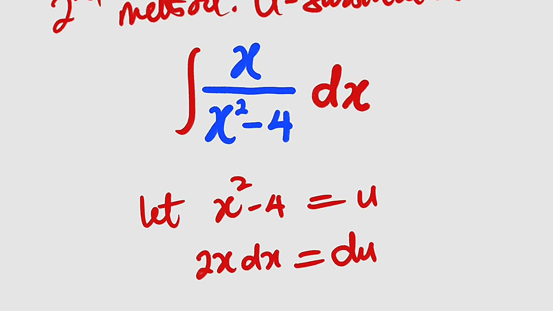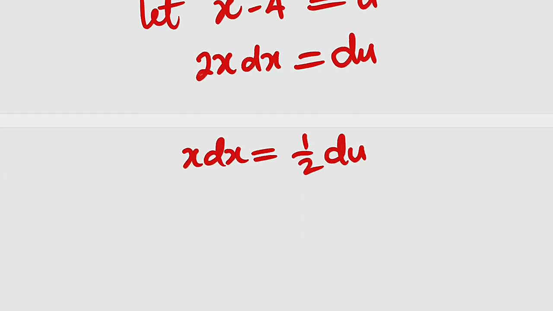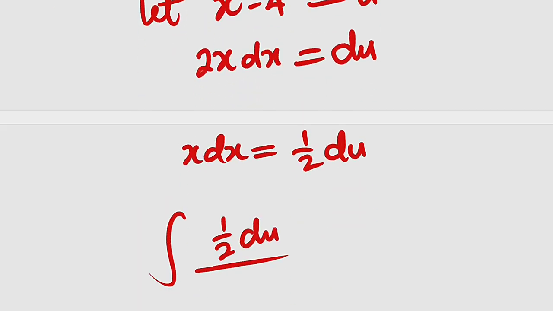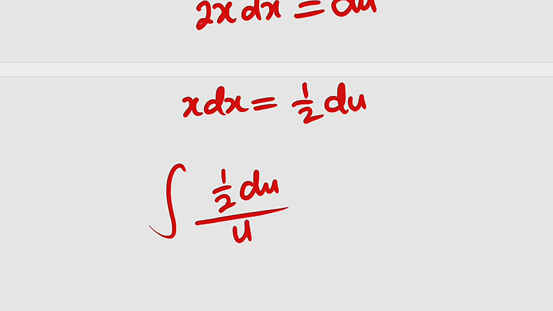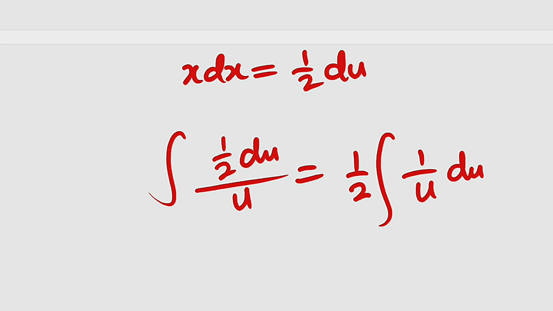So now let us back substitute. Instead of x dx, we have 1 over 2 du. So the integral of 1 over 2 du, then divide by the bottom, which I have used u to substitute, right? So we can simply rearrange this as 1 over 2 outside, which is a constant, multiplied by the integral of 1 over u du.